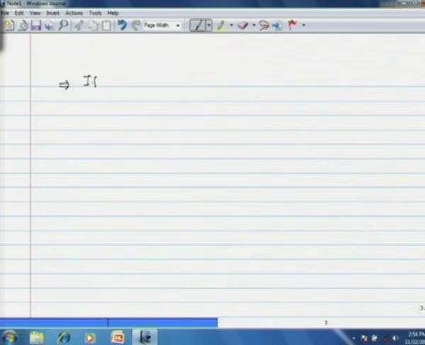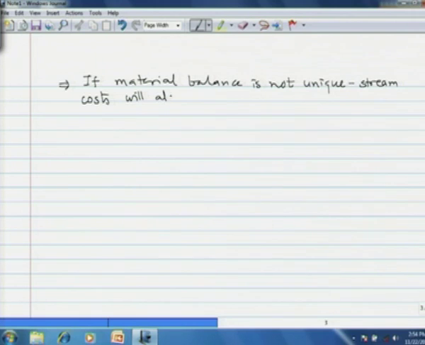If the material balance is not unique, stream cost will also not be unique. And therefore, we have to do the material balance or develop the stream cost model.